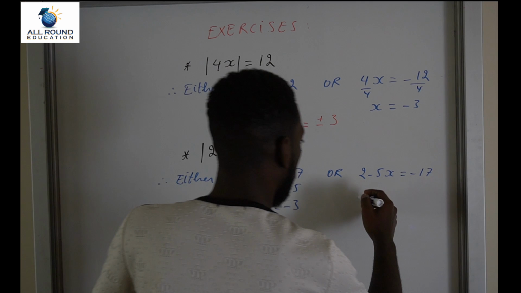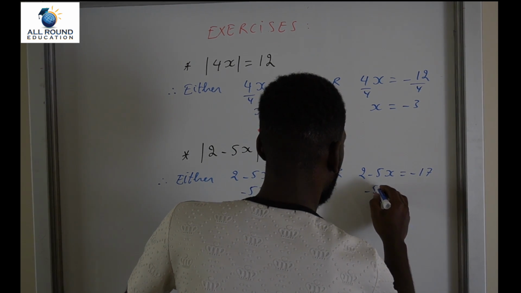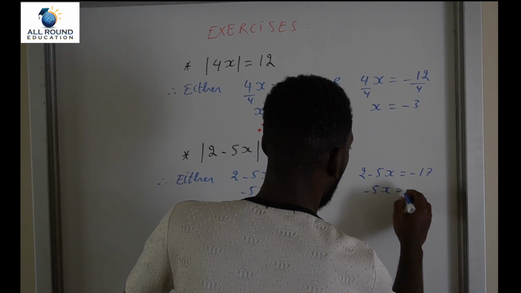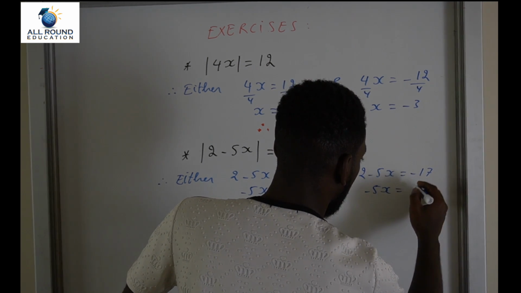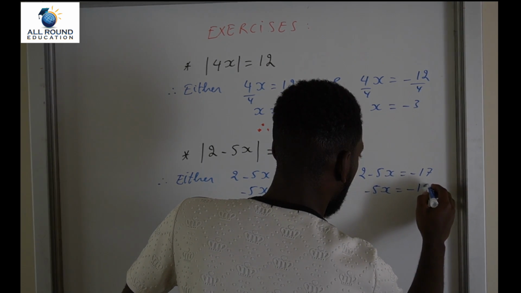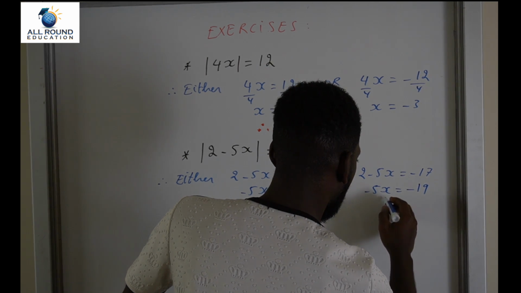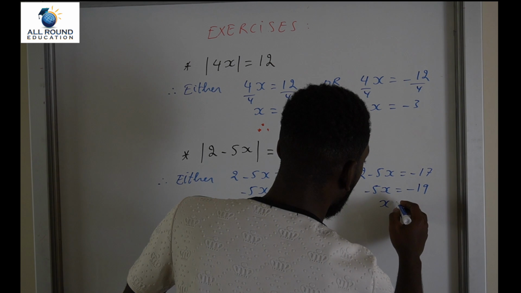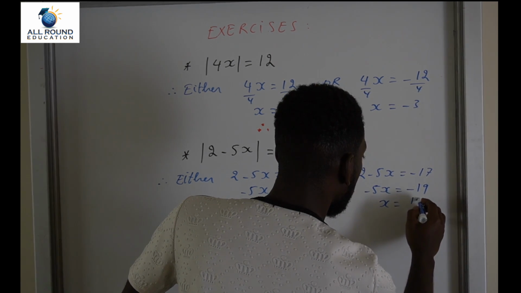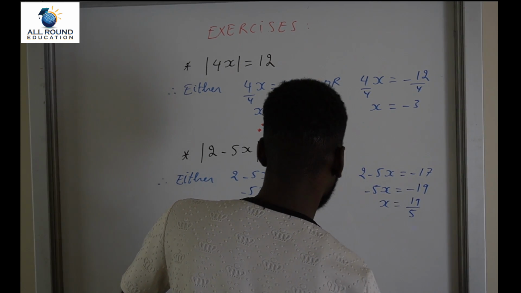And then on this side, you have 2 minus 5x is equal to negative 17. Subtract 2 on both sides, and you get negative 5x is equal to negative 19. Then dividing by negative 5 on both sides, you get x is equal to 19 over 5.